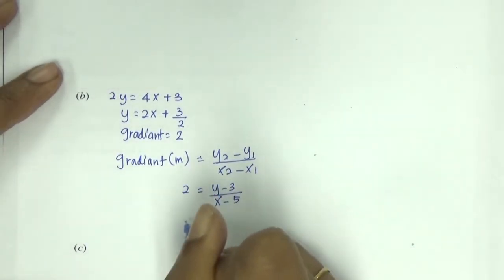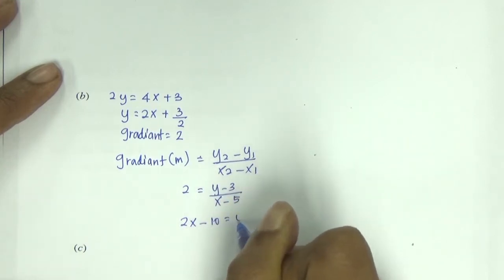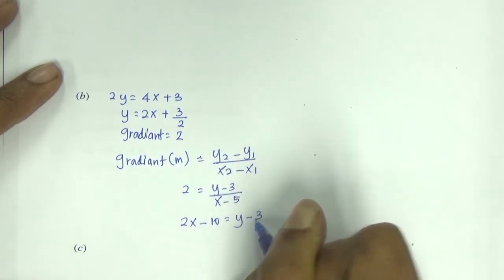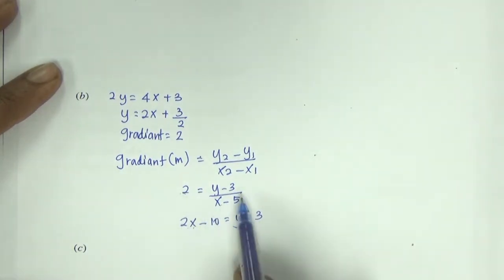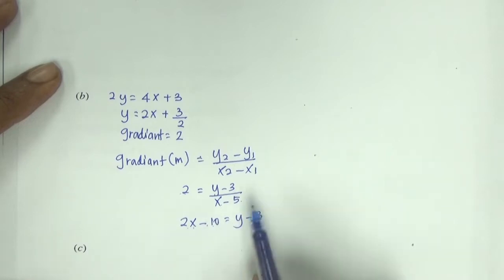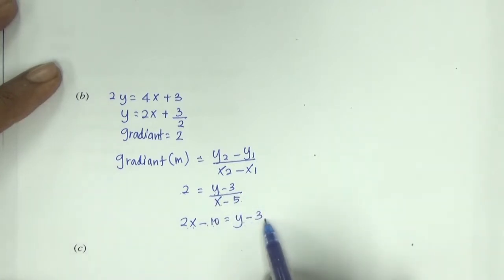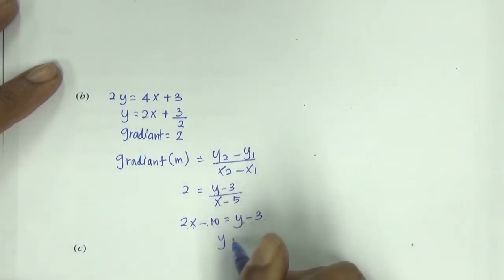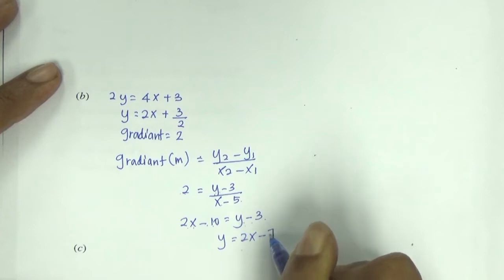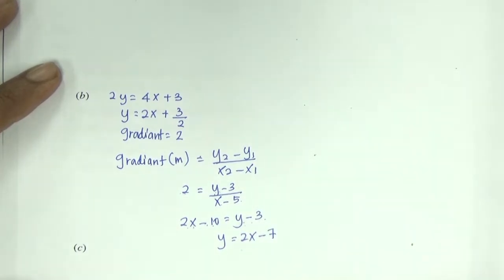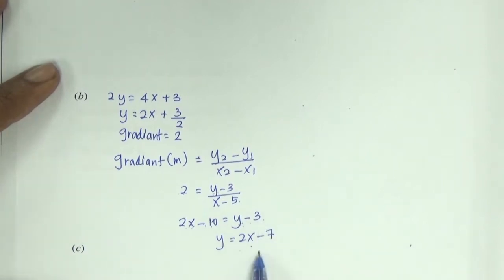So 2 times x is 2x, 2 times 5 is negative 10. Writing back y minus 3, so y equal to 2x minus 7. So this is the equation for ST.